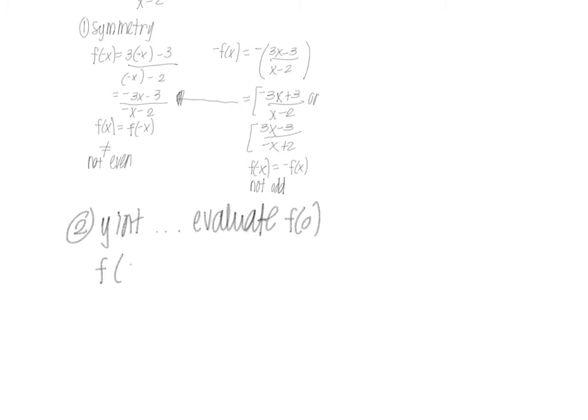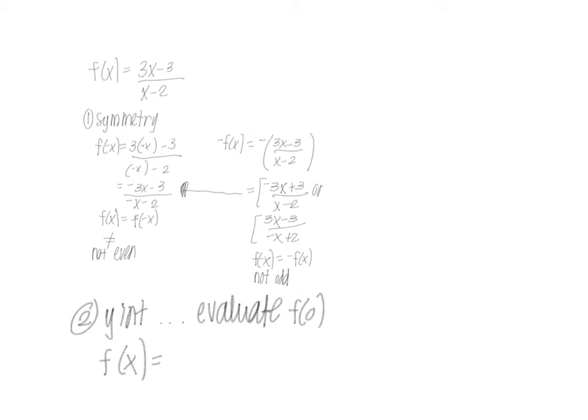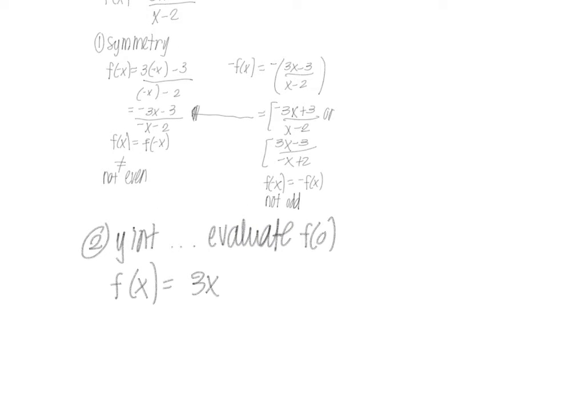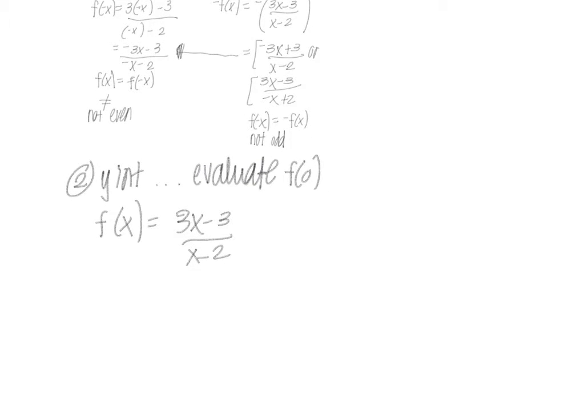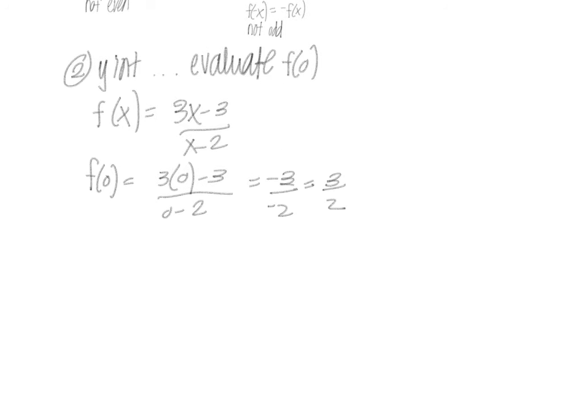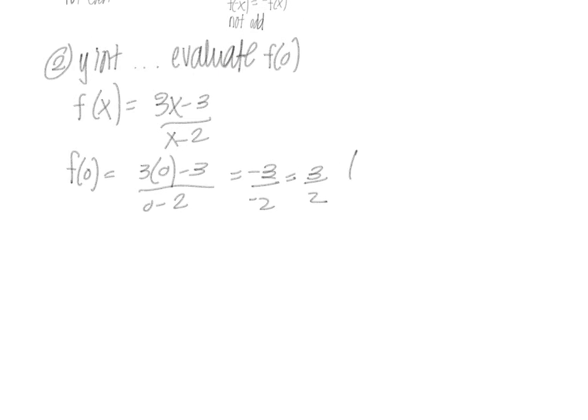Since f of x was 3x minus 3 over x minus 2, then f of 0 is 3 times 0 minus 3 over 0 minus 2. So I get negative 3 over negative 2, which is positive 3 halves. So that would be the point with coordinates 0, 3 halves.